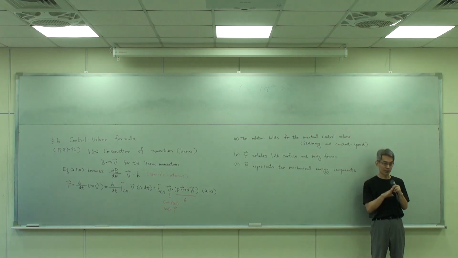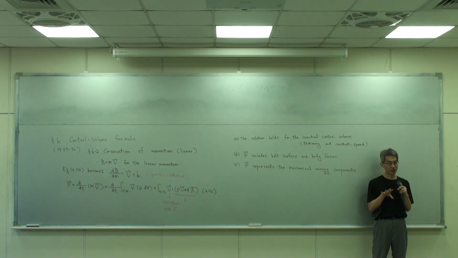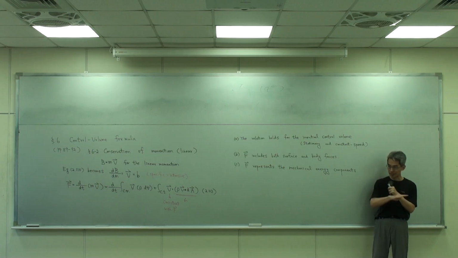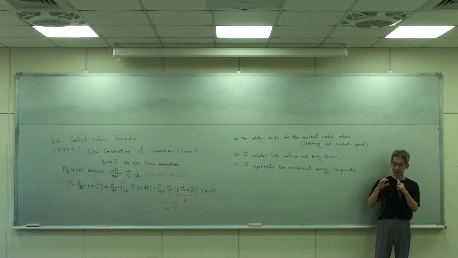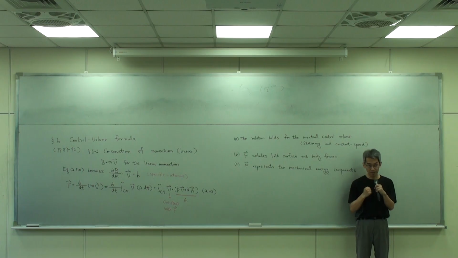So during that time, you will not feel any force because you are in an accelerating coordinate. But suddenly, if it stops, you will be in a very strong accelerating control volume because it goes from some velocity to 0. So that will be a very large acceleration, and you will feel a lot of force in your body.